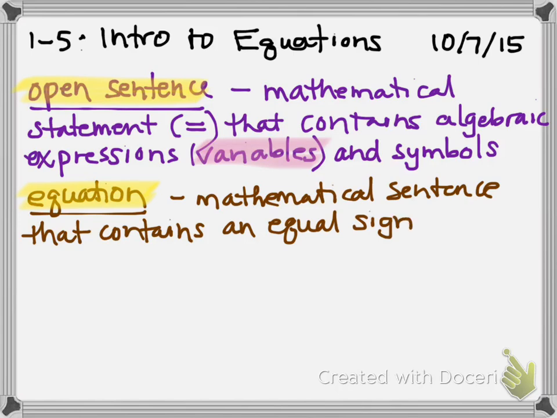So as soon as we throw in an equal sign, we have an equation. So again, key for this guy is going to be that equal sign. Okay? All right.